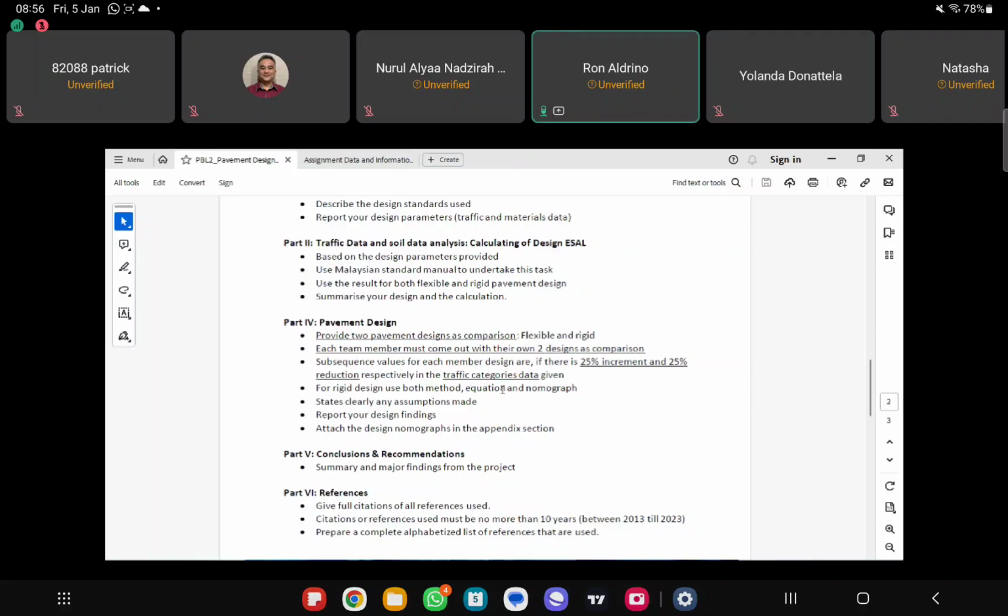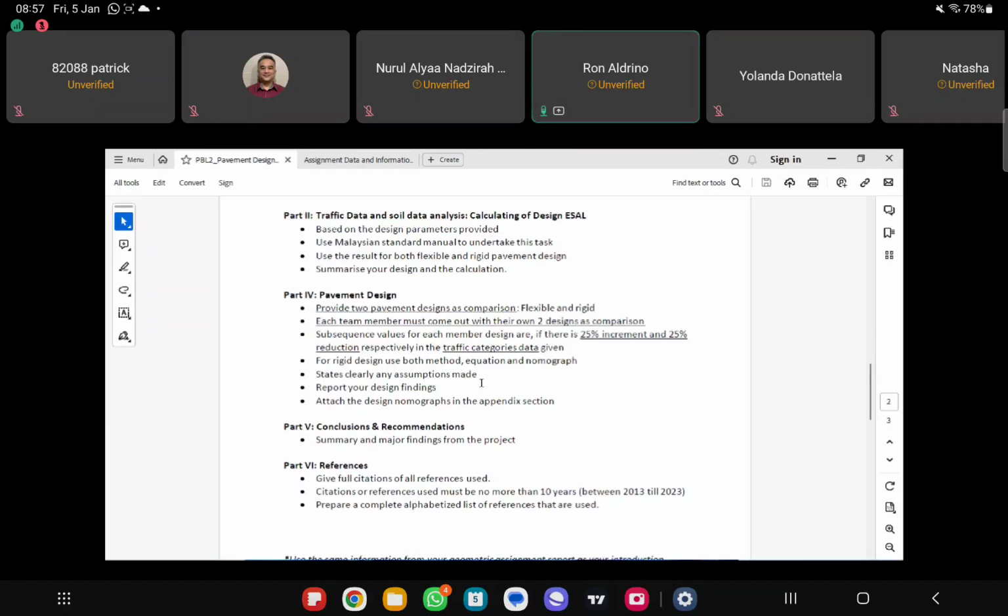The equation is already given, so you input the equation and check with your nomograph. And state clearly any assumption made for the flexible and rigid pavement. One person has to do two designs, one flexible, one rigid. So I expect if there are five of you, there are 10 designs, five for rigid and five for flexible pavement.